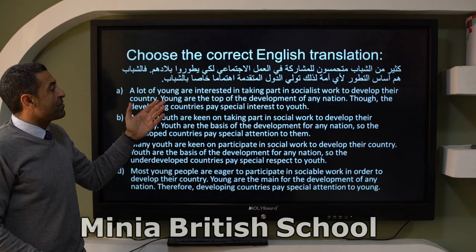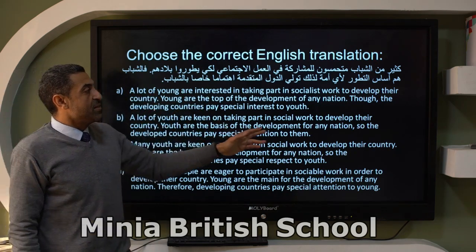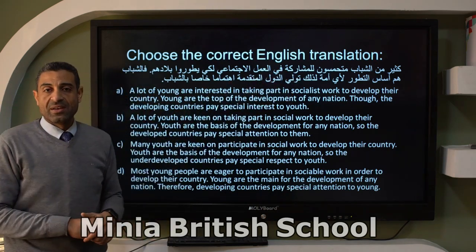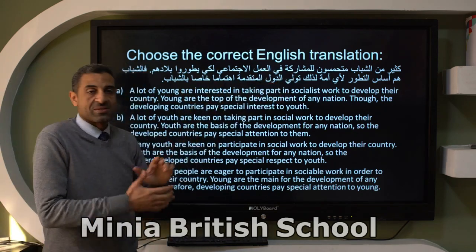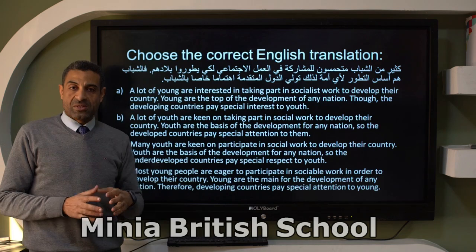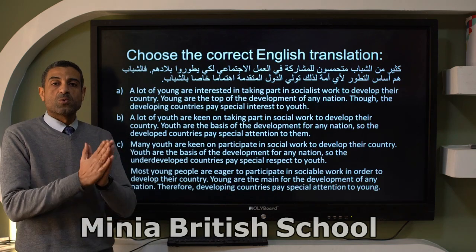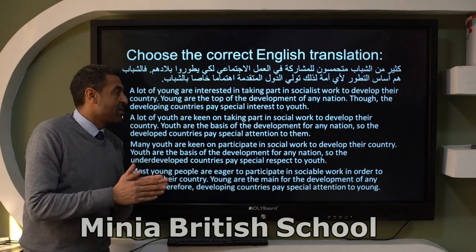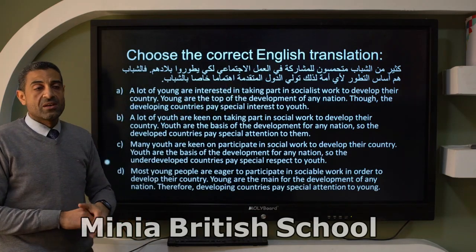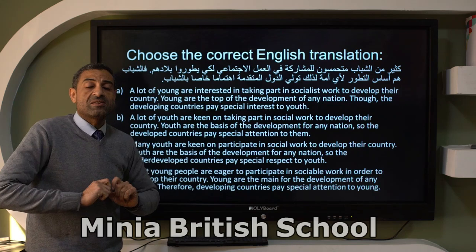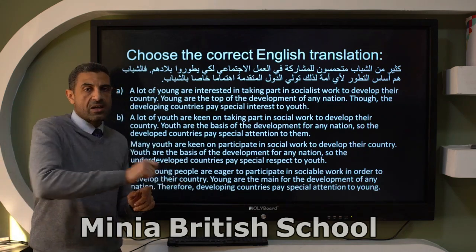So here we have a sentence written in Arabic, and we have to choose the correct English translation. You have to do some steps before you choose your translation. First, you have to read the sentence carefully. You have to read the main sentence that you need to translate carefully.